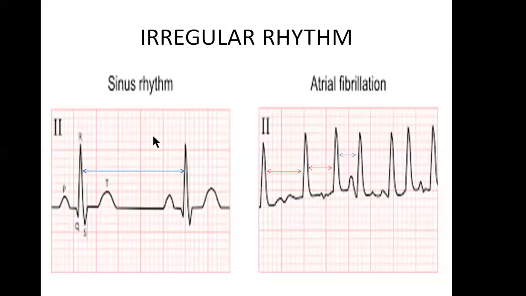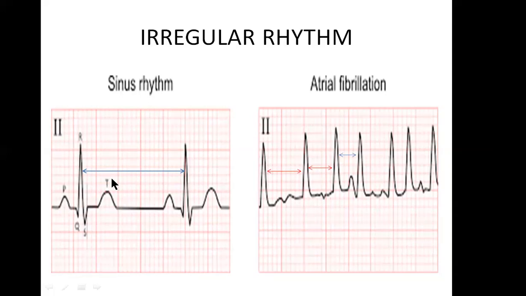Now look at these traces. This is the sinus rhythm, normal sinus rhythm. P wave, P wave, QRS complex, they will be similar. In lead 2, all the complexes will be similar. All the P waves will be of the same type. Another thing you should remember is that the T wave will be of bigger size than the P wave.